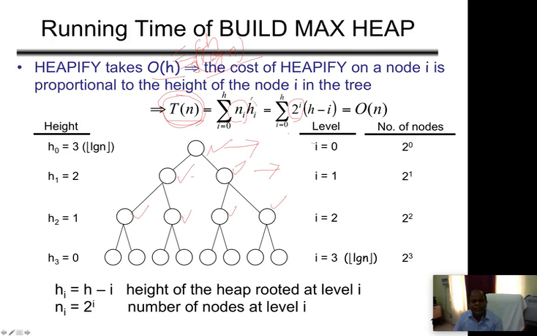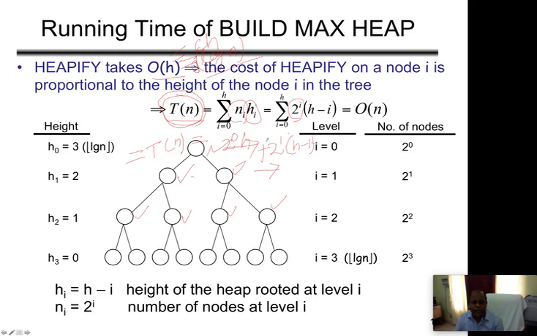What is h? h is the height of the tree at a particular root. Hence, in this case, you see, I am writing T(n) is equal to, for this case, 2 to the power 0 and height is h, plus, in this case, 2 to the power 1, height will be, if it is h, whatever the height, if we are saying h, then here it will be h minus 1.